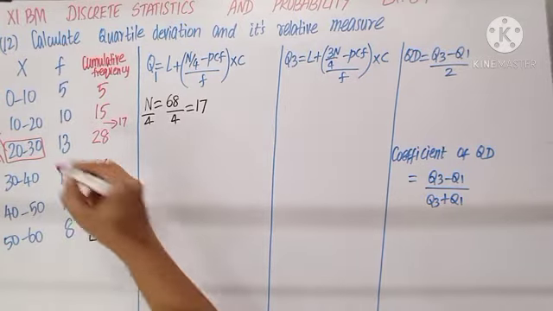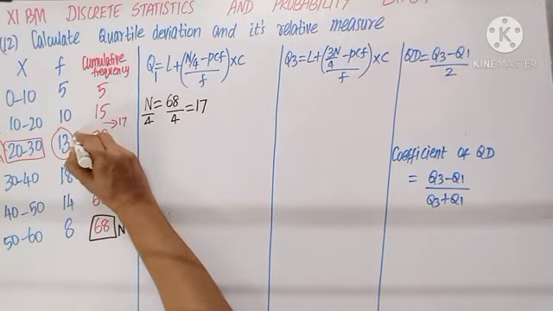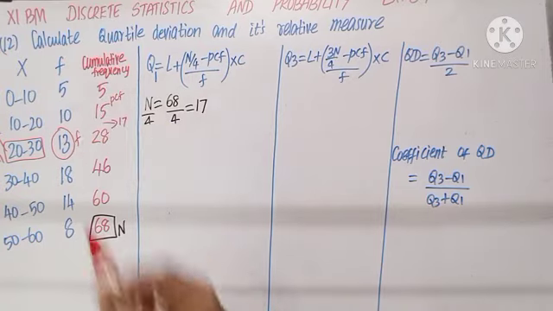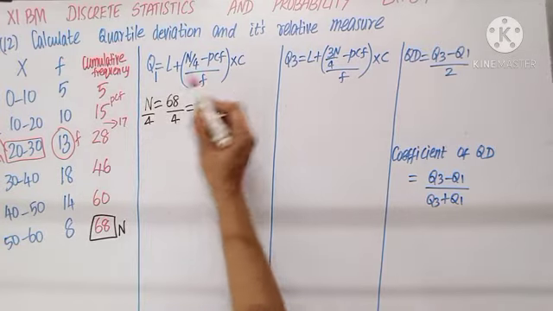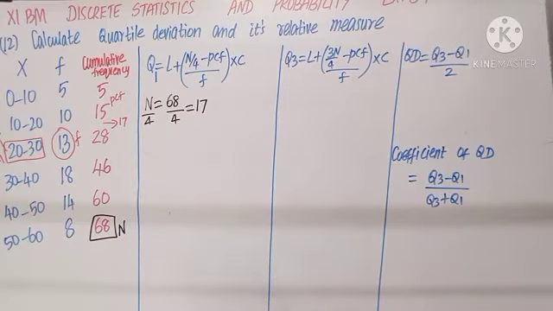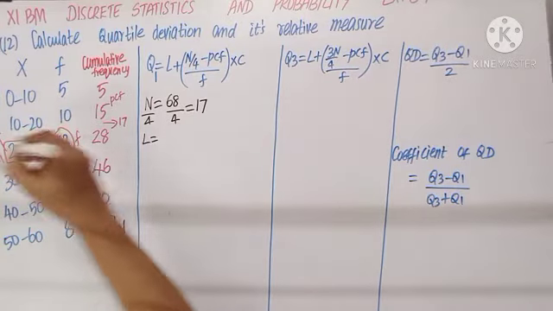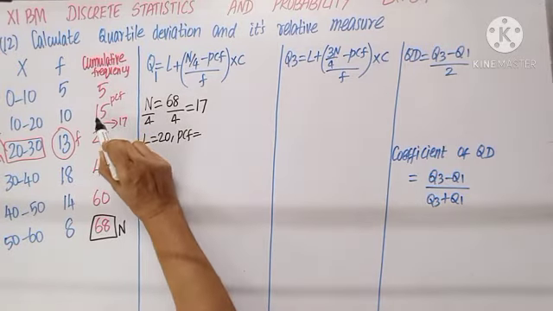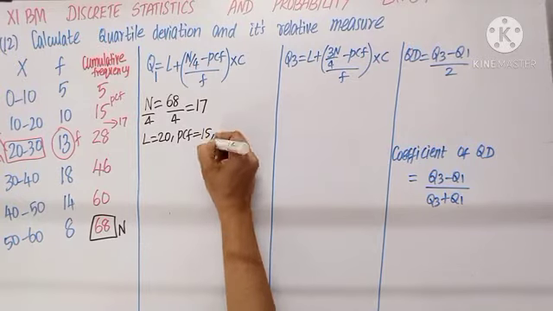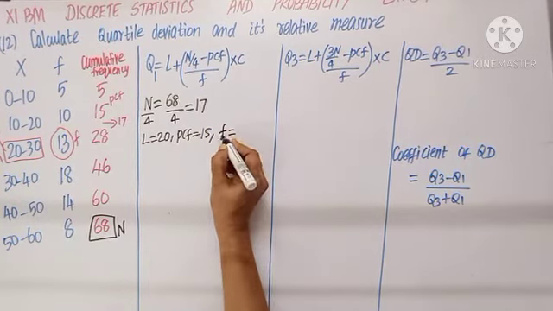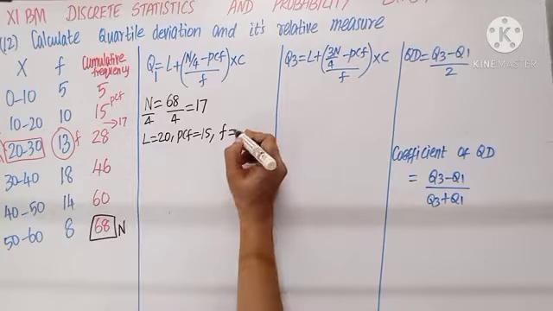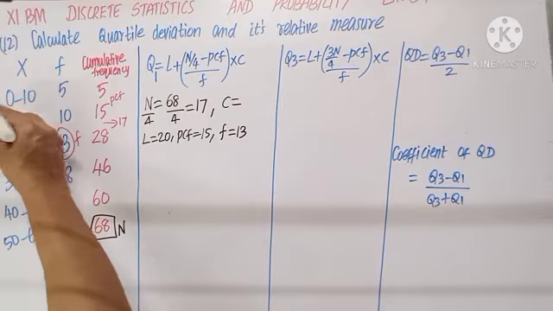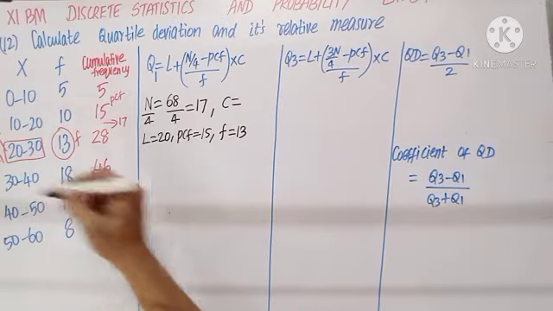So this I will call the quartile 1 class, and the lower limit of this I call L, and this I call frequency. The previous I call PCF. As I know it all, let me write down. L equals 20. PCF, previous cumulative frequency, is 15. F, frequency of the quartile class, is 13. And C, the length of class interval: 0 to 10, 10 to 20. How do they increase?